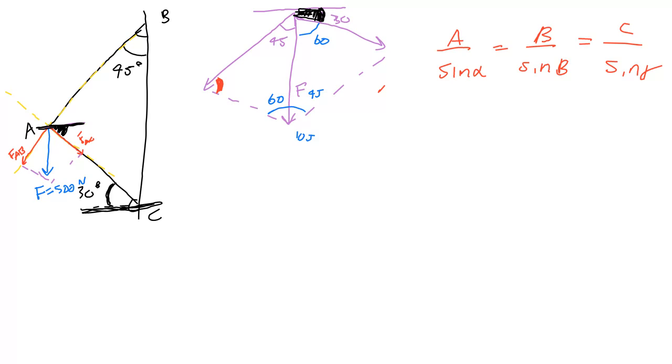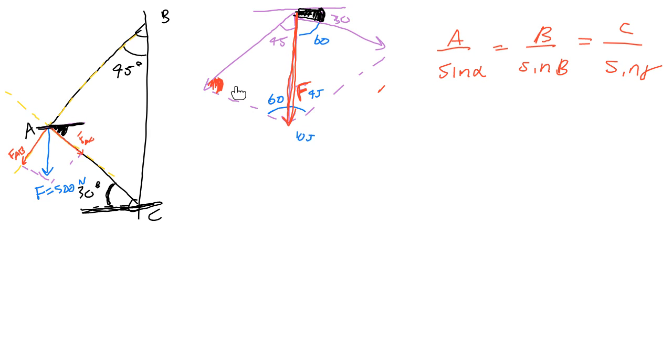So let's call it F. F here is going to go with this angle I have in red, which, if we do the math, this triangle should sum to 180.